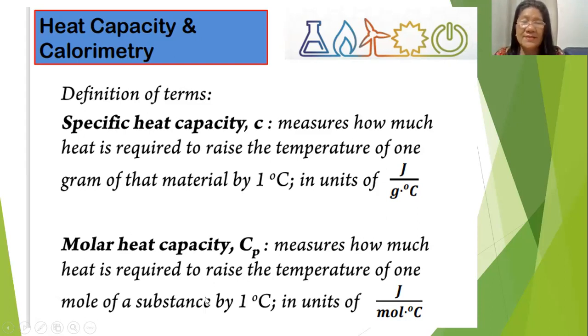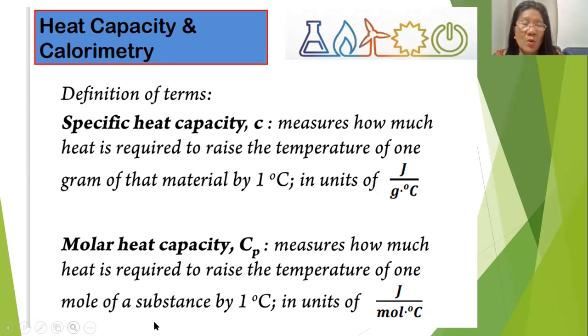How about molar heat capacity? This is a different thing from specific heat, because CP measures how much heat is required to raise the temperature of a mole. That is why it's molar heat. This is specific heat, for 1 gram of material.